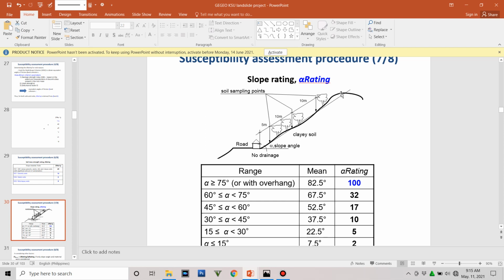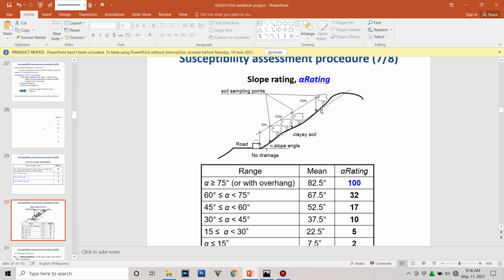So kung ganon, you just have to divide the level of the slope. So if the lower portion has a slope material of hard rock, then the slope stability will be on that portion. And then for the upper part, if we have another type of soil material like soft rock, there will be another scoring for that portion.